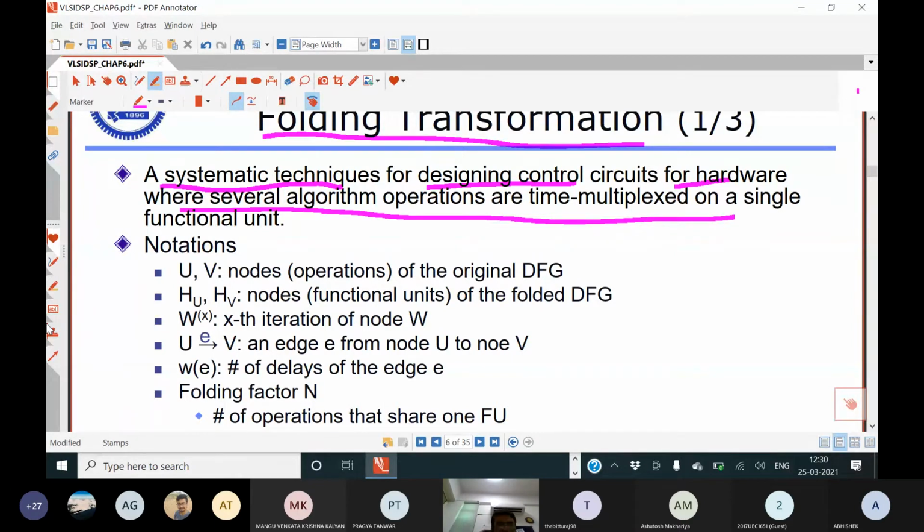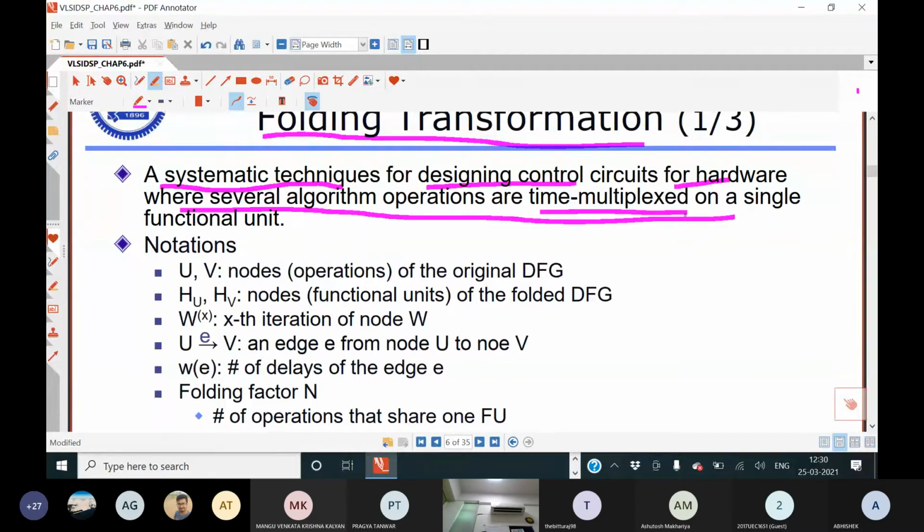So what I was discussing is: what is the folding transformation? Folding transformation is a systematic technique where, through clever design, your hardware minimization is achieved in a time multiplexed manner. Why is time multiplexing required?